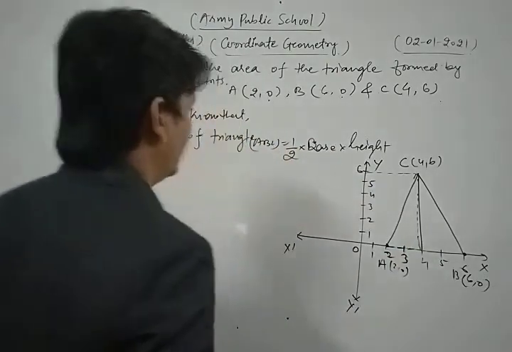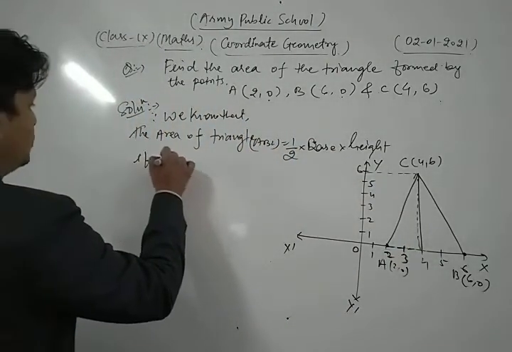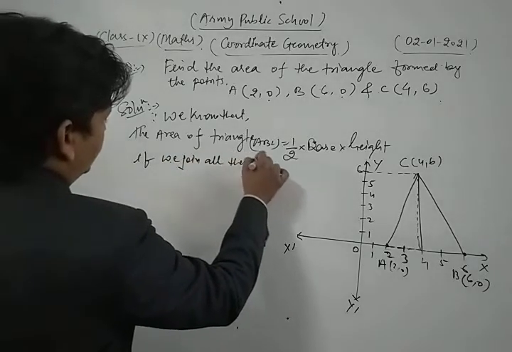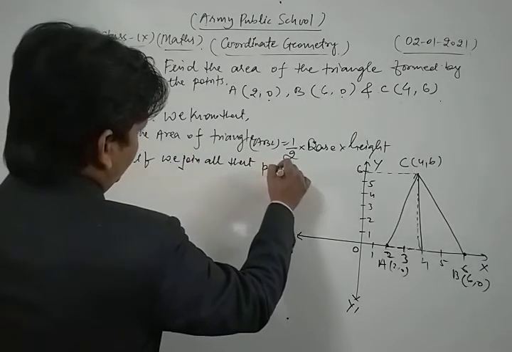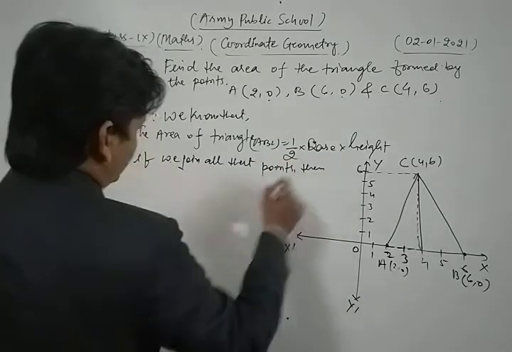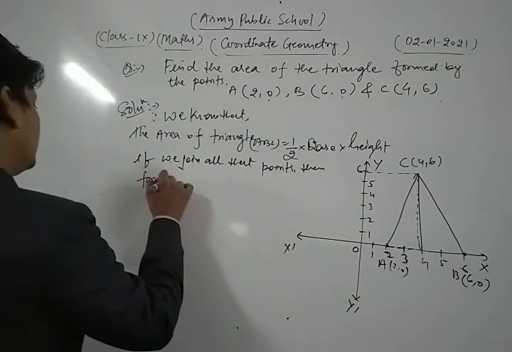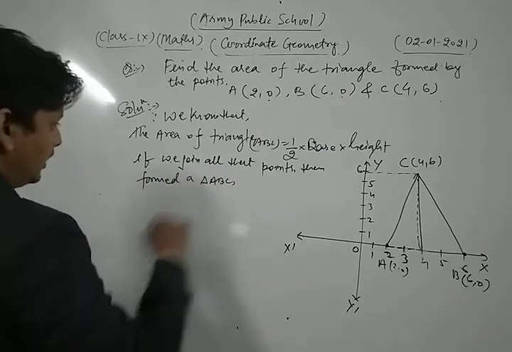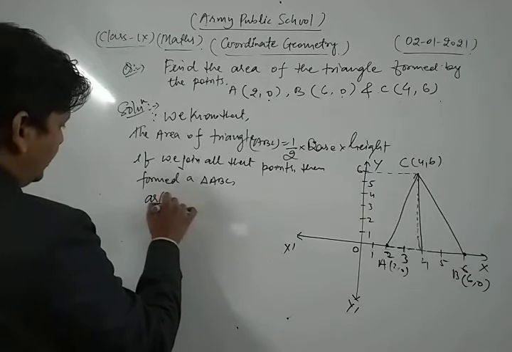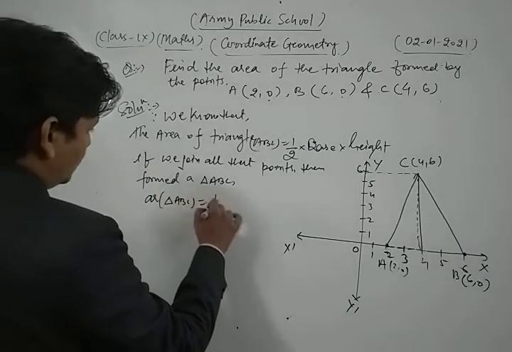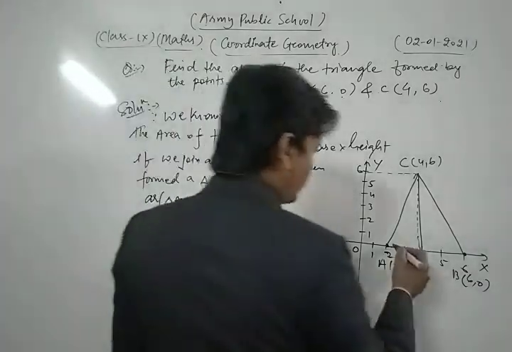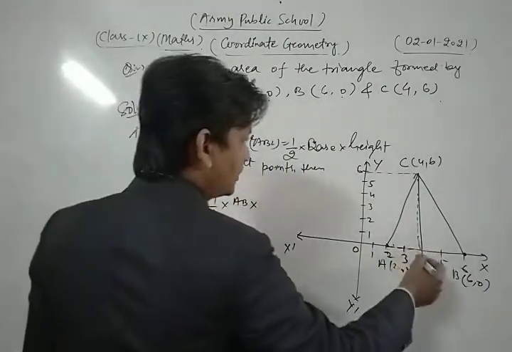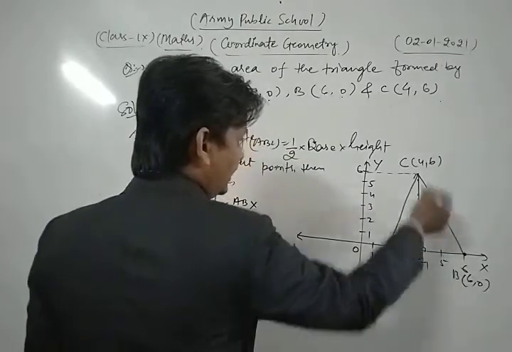Now if we join all those points, then it forms a triangle ABC. Okay, now area of triangle ABC is equal to 1 upon 2 into base, and AB is your base, and height is what? Let's see, CD, height is CD.